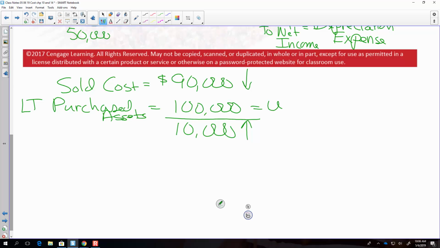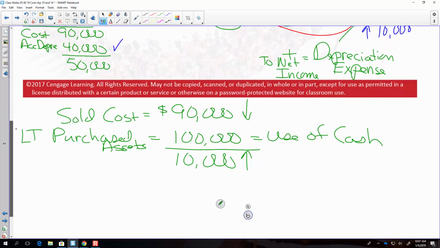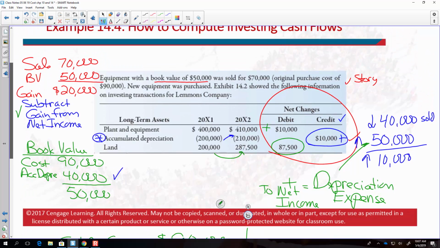That's a use of cash, so that's a negative. Just like the sale, the $70,000 sales is a source of cash.